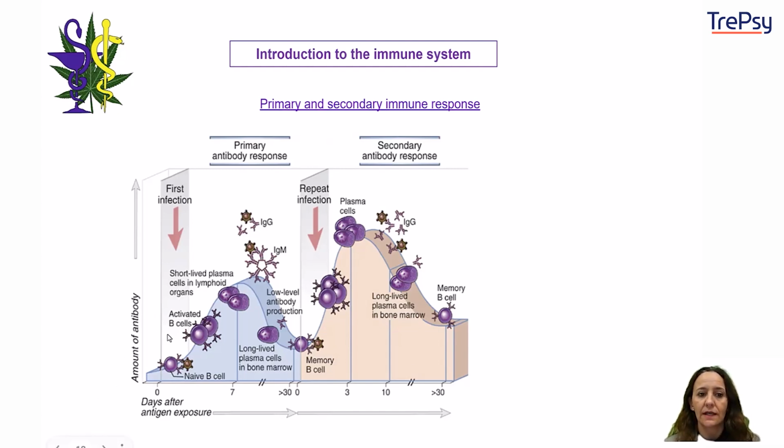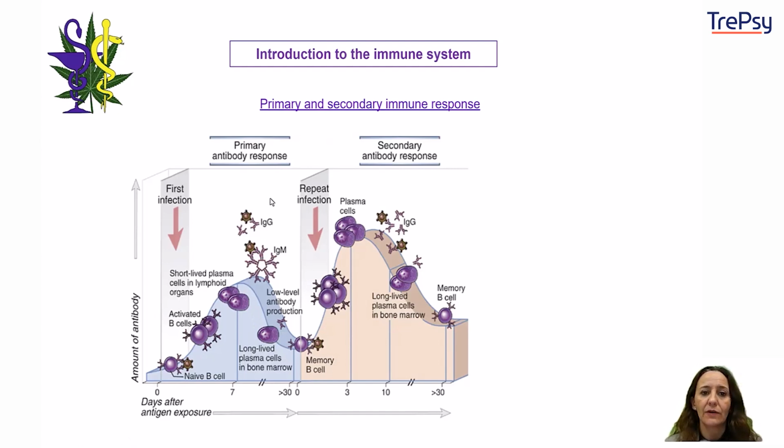This is like the representation that we have seen before. So we can have the exposure to a first infection and give rise to a very potent response and generate different memory cells.